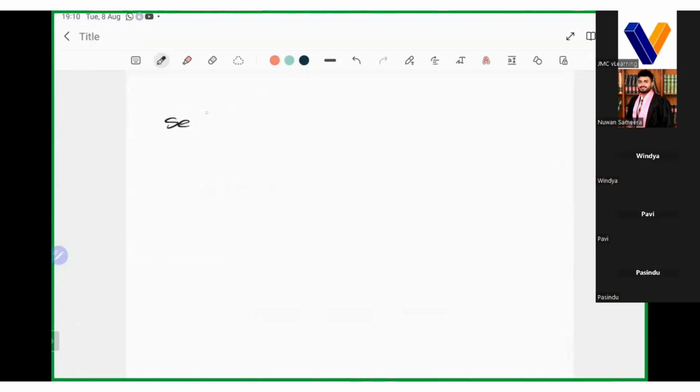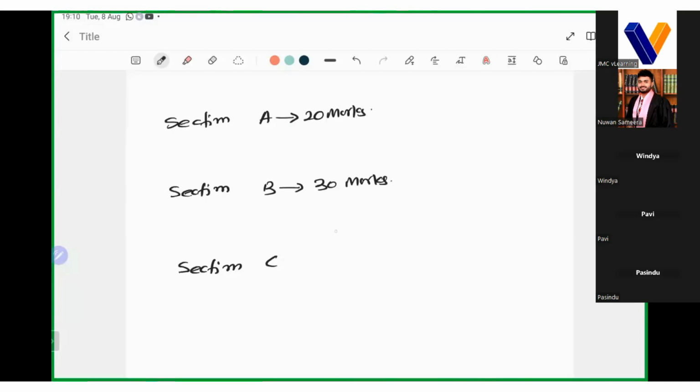There are 3, right? Section A, Section B, and Section C. Under Section A, there are 4 questions, 20 marks. For Section B, 30 marks, 3 questions, 10 marks per question.